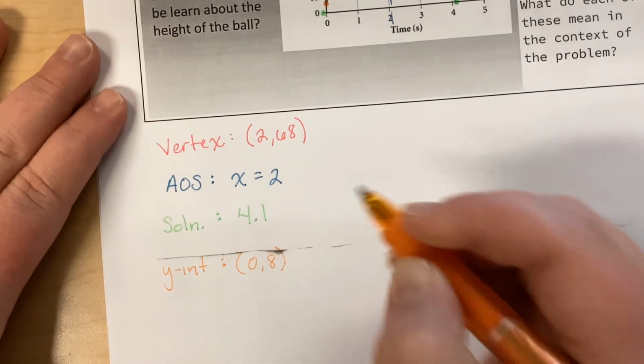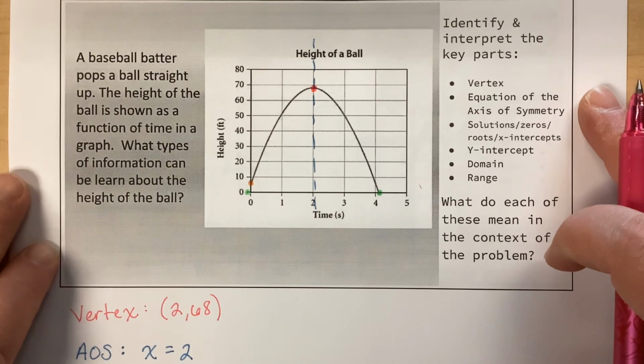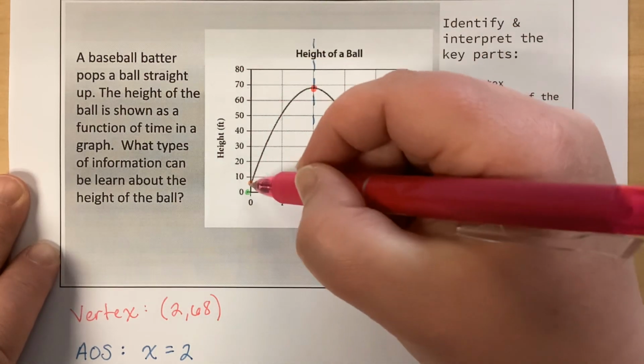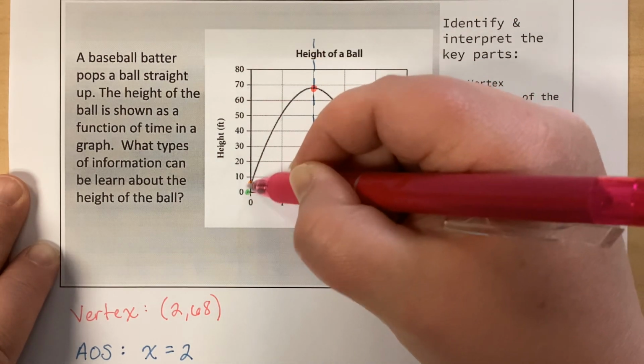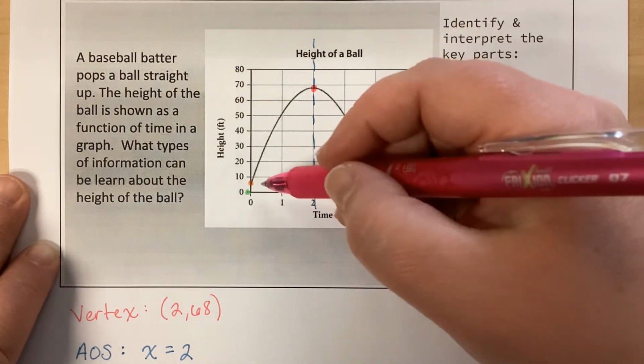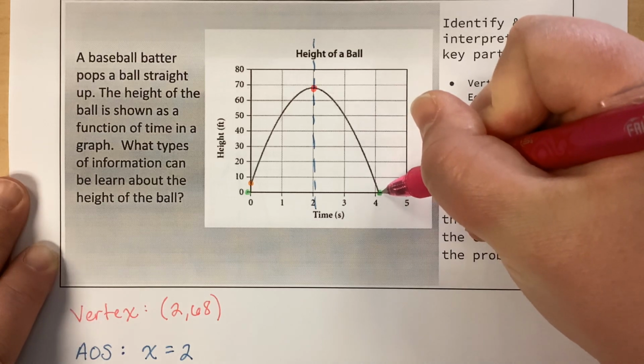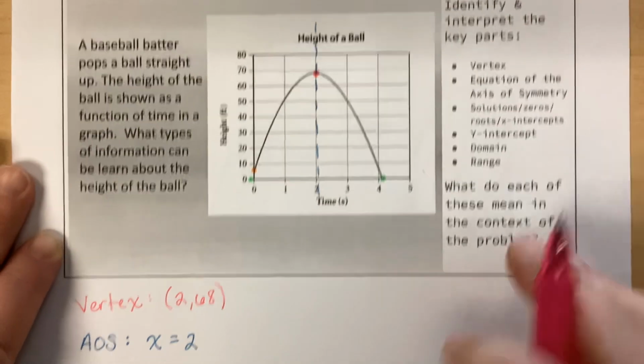And then we have the domain and the range. So domain, again, even though this graph is going to continue this way and hit the negatives, it doesn't make sense for our domain here. So time starts at 0 and stops at our solution, which in this case is about 4.1.